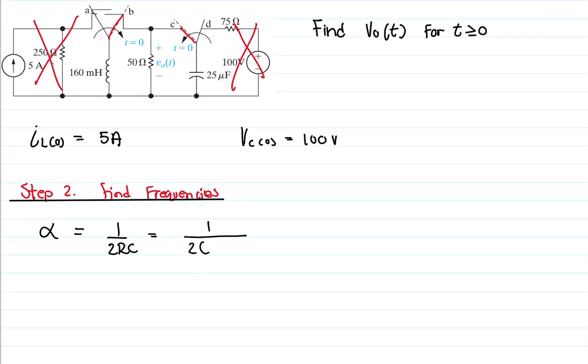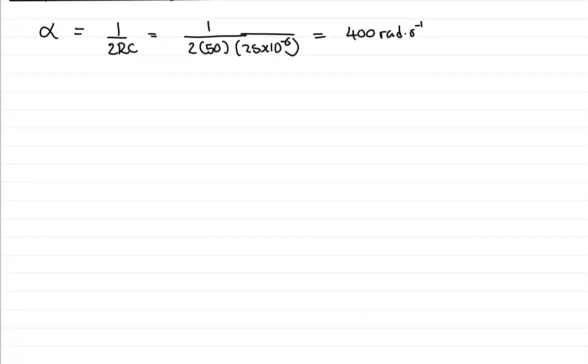So the resistance that is across this part of the circuit, the circuit that is active at the moment after t=0, which is 50 ohms, multiplied by the capacitance, which is 25 times 10 to the power of negative 6, and that will give us the value of 400 radians per second.